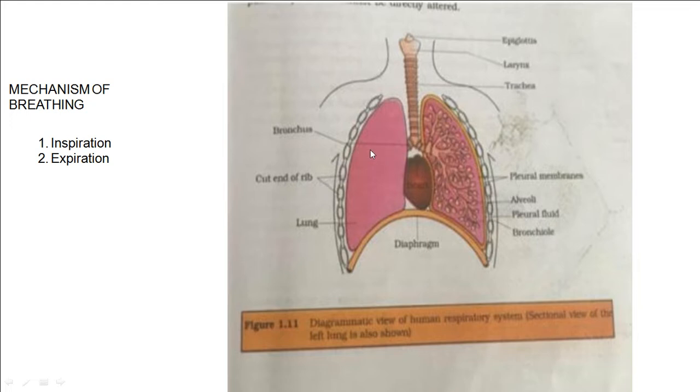Each bronchus enters the corresponding lung, and divides into primary, secondary and tertiary bronchioles in the lungs.